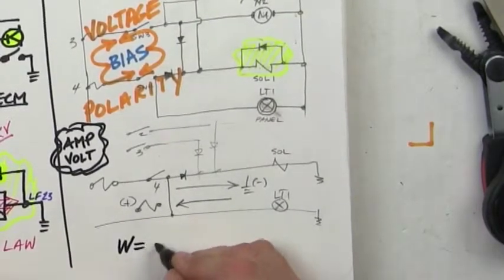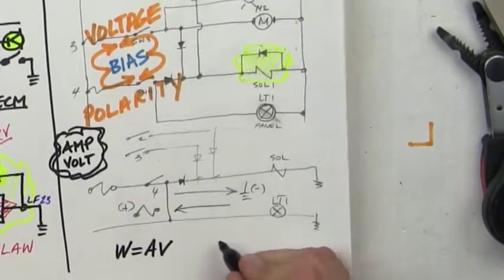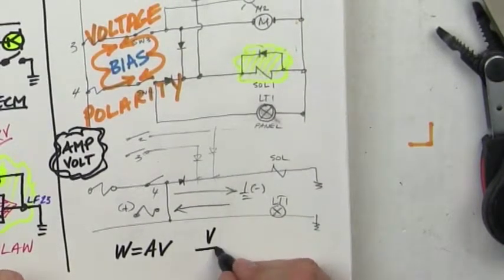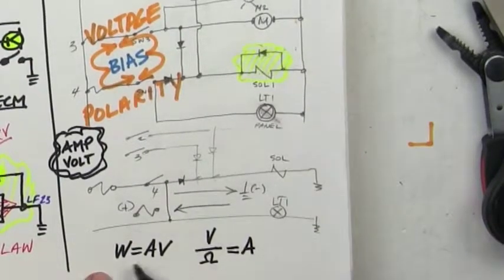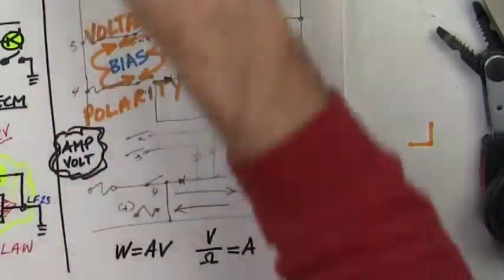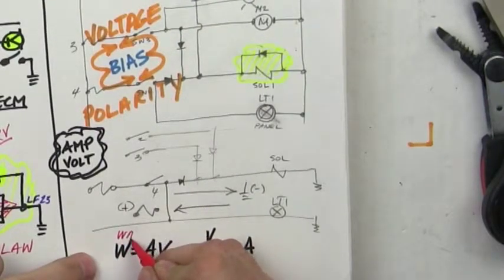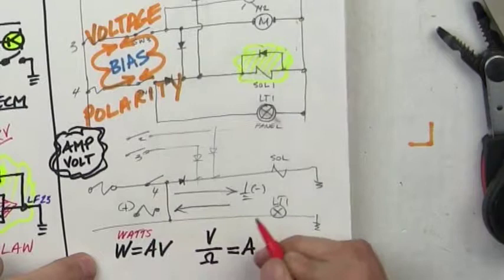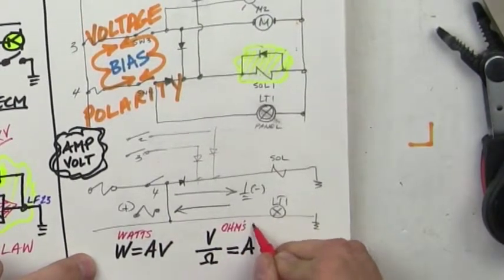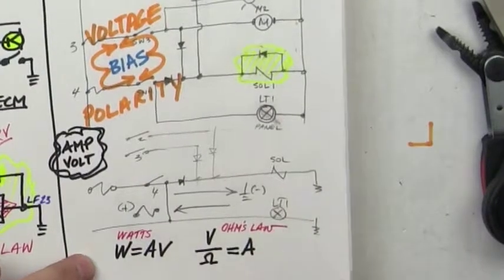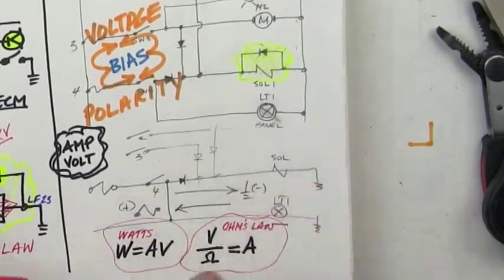Watts equals amps times volts. And volts and ohms make amps. That's Watt's law, and this is Ohm's law. Okay, so there's that and there's that. Just throw it in there.